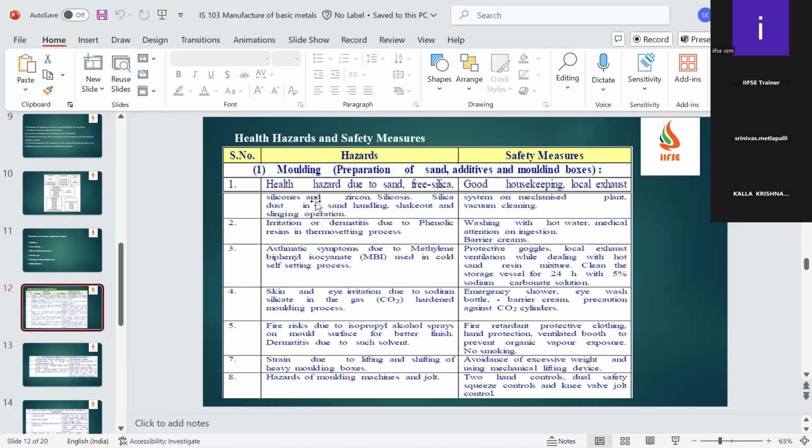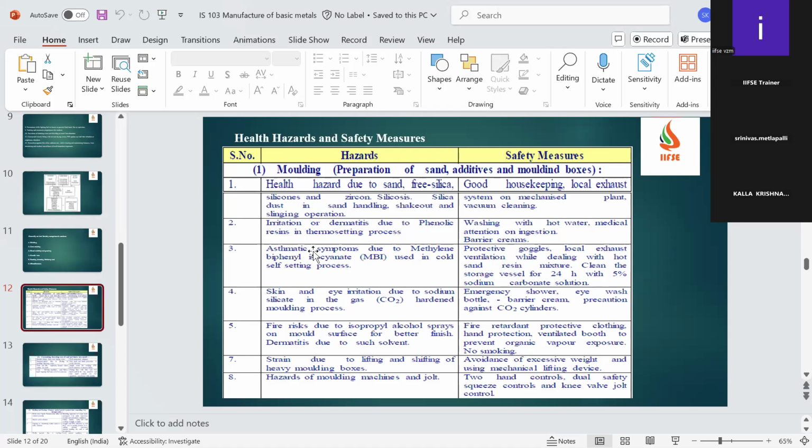One is health hazard due to sand and free silica, because there is fine sand where they use resins. Frequent exposure to sand and free silica leads to silicosis. Silica and zircon dust arises in sand handling, shakeout and sealing operations. Shakeout is the knockout activity where they clean the sand and do other operations, with a high chance of exposure to this silica dust.